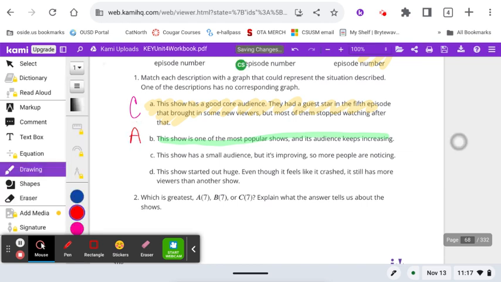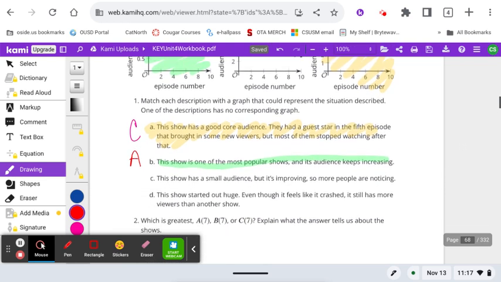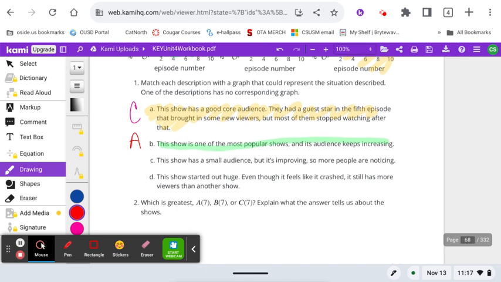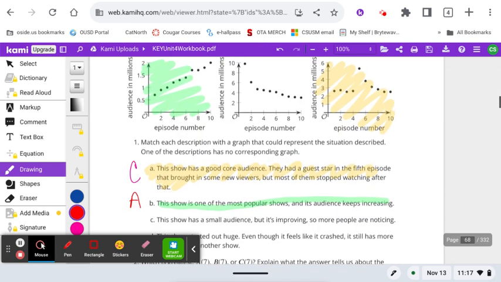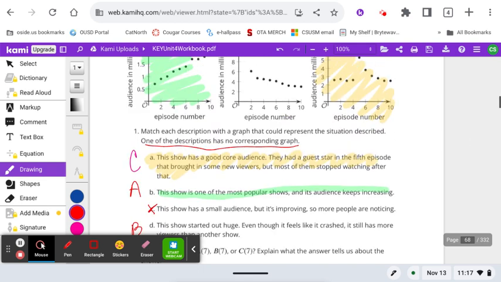But it's improving, so more people are noticing. This show started out huge, and even though it feels like it crashed, it still has more viewers than another show. And so that would be show B. It says one of the descriptions has no corresponding graph, so that's number C.